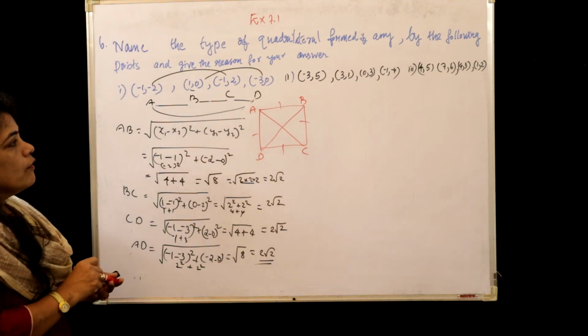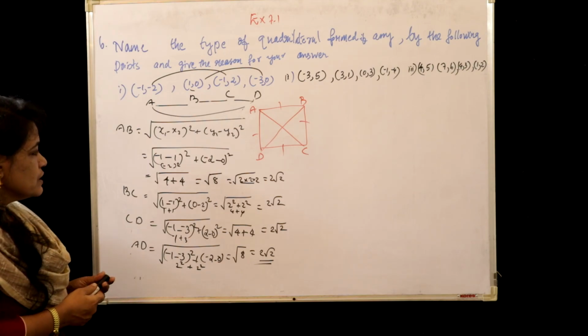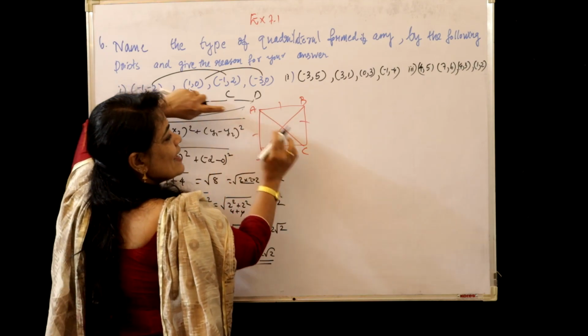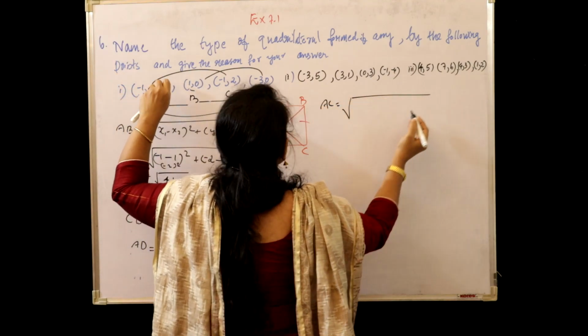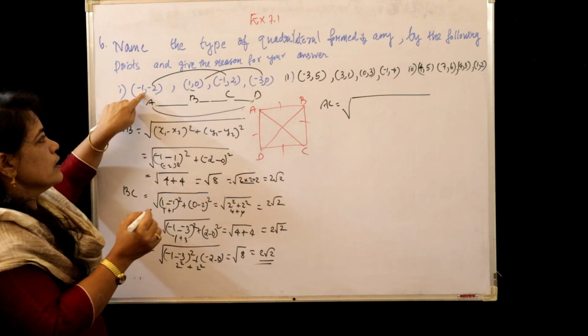So that is what I am going to do now. We are going to check the first diagonal AC by the distance formula, that is root of A minus 1, 2 as x1 y1, C is minus 1, minus 2.